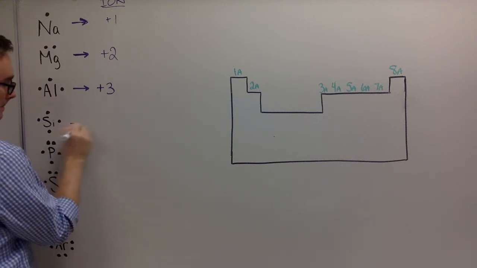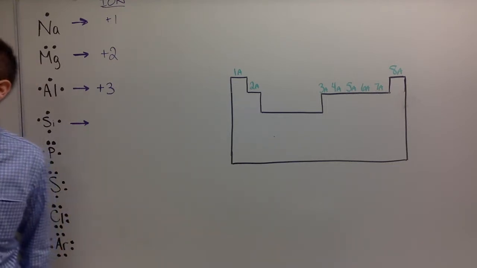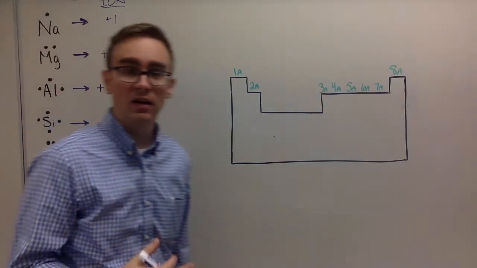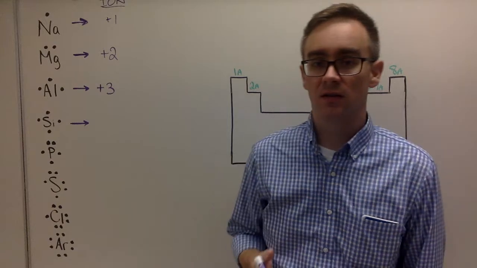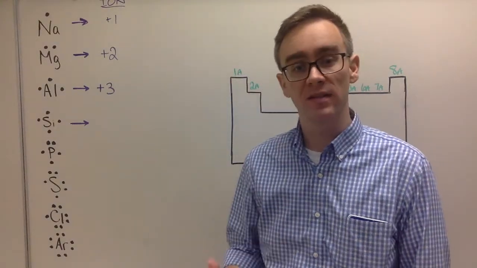Now this one is tricky, because we have 4 valence electrons. It can either gain 4 or lose 4 electrons. Which one's easier?